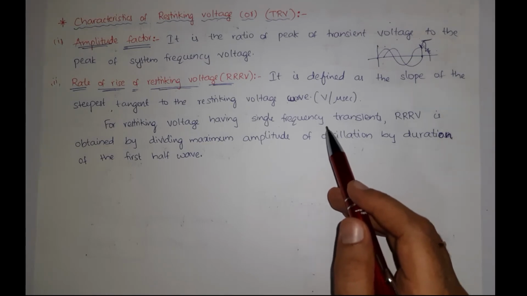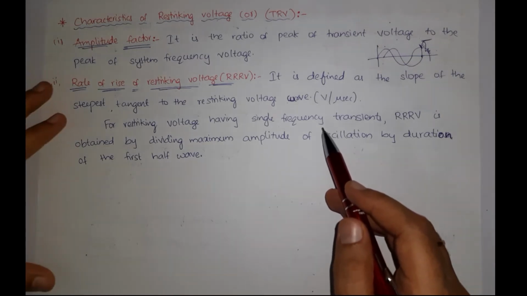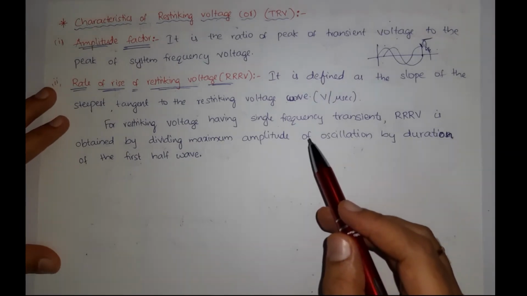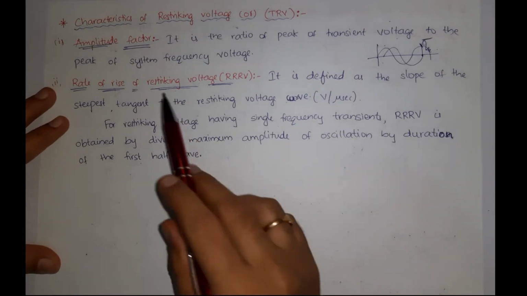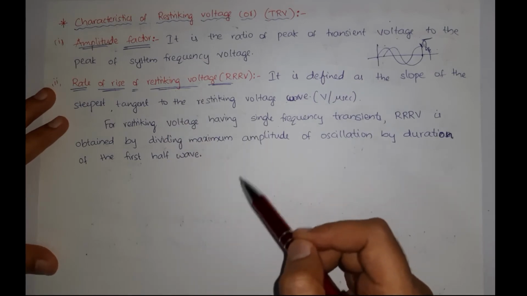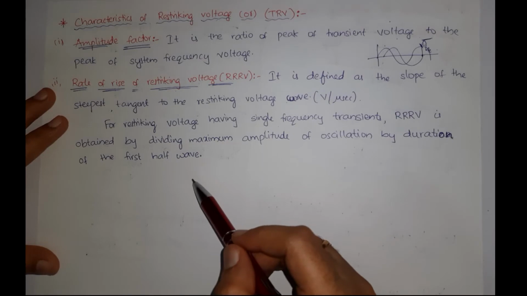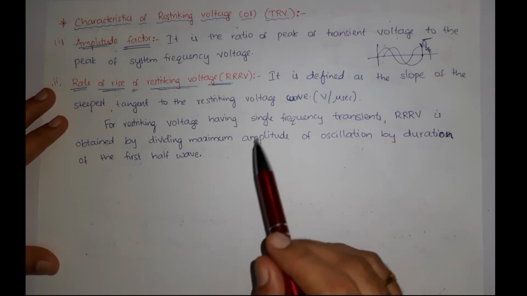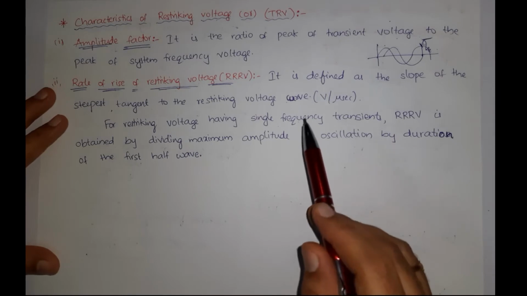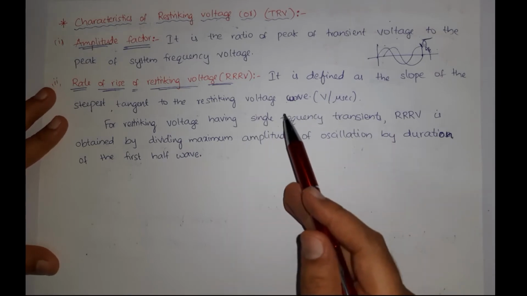If the fault occurs very near to the circuit breaker contacts, then it is called single frequency transients. The transients in such a case will be caused only from one side of the circuit.